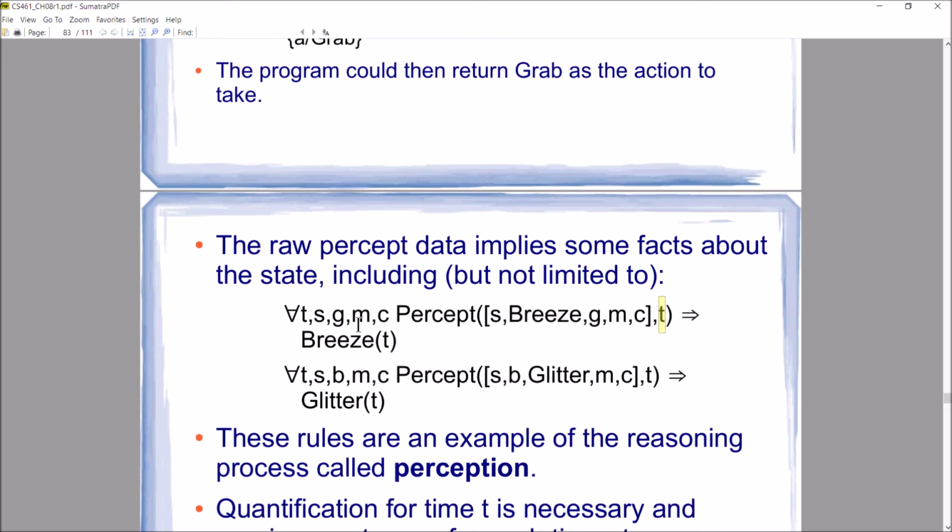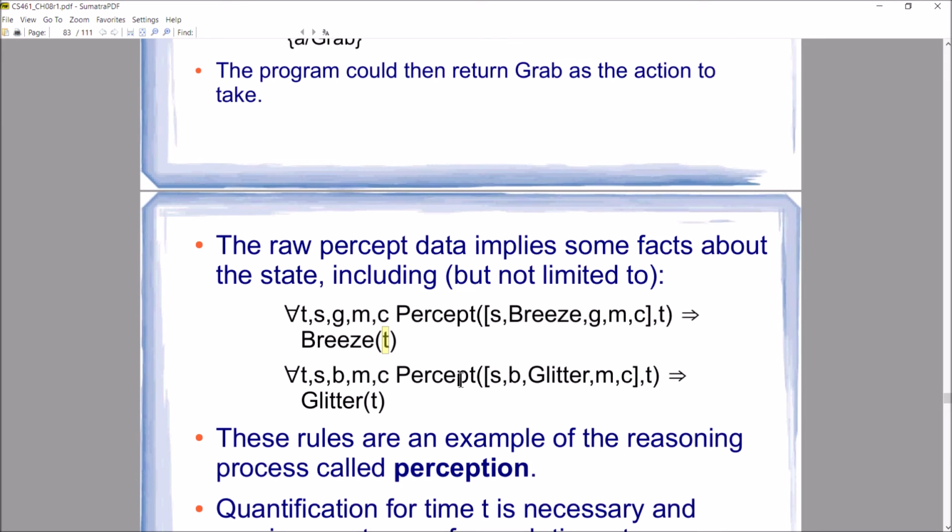This is saying that for any other objects at any possible time, whatever these are, it doesn't matter. We've hard-coded in breeze. If we perceive a breeze, then that means there's a breeze on turn t, or time t.